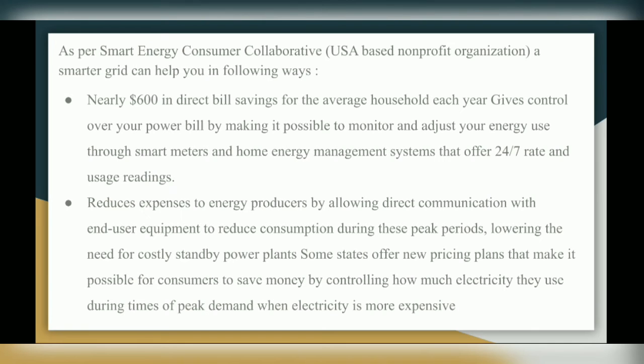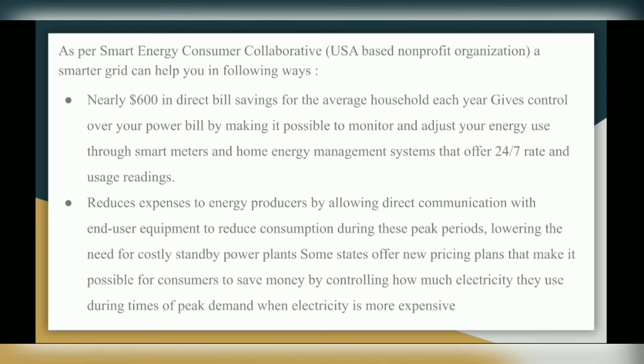As per Smart Energy Consumer Collaborative, a USA based non-profit organization, a smarter grid can help you in the following ways. Nearly $600 in direct bill savings for the average household each year.